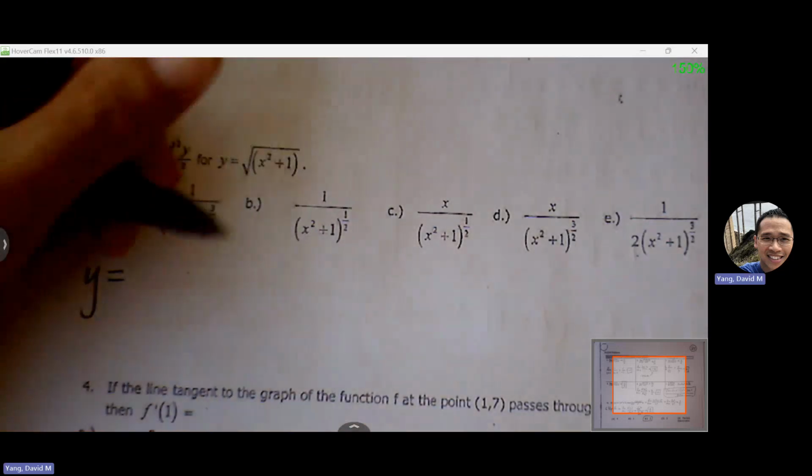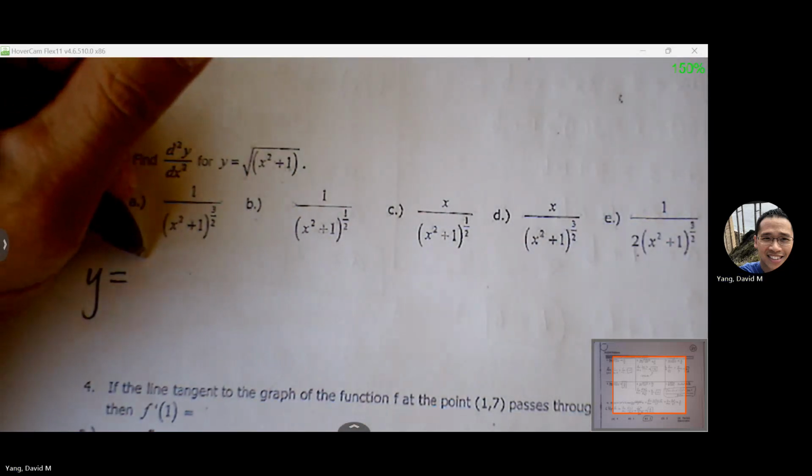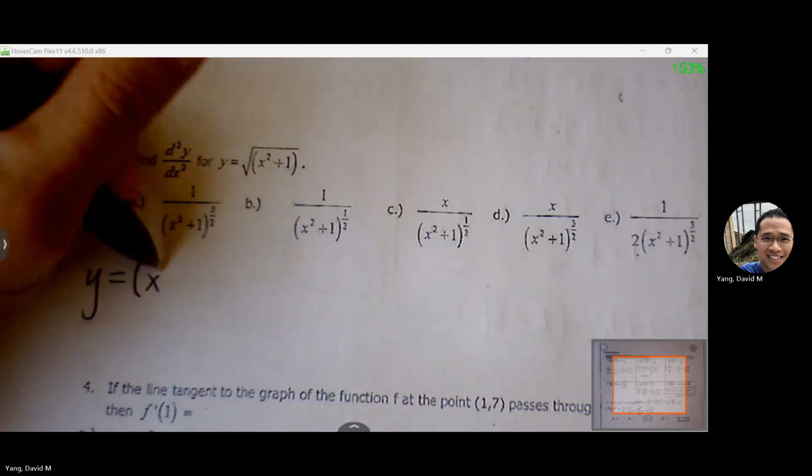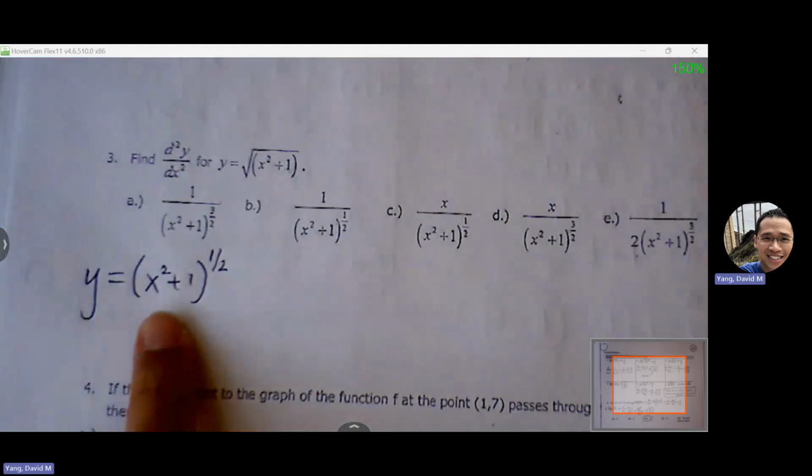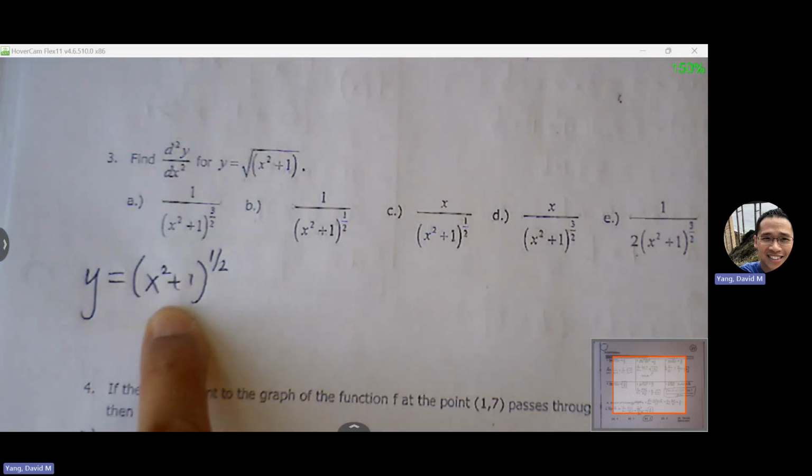Yeah, rewrite it as x squared plus 1 to the 1/2. Okay, we need to be able to recognize this. What process is needed to find this derivative?